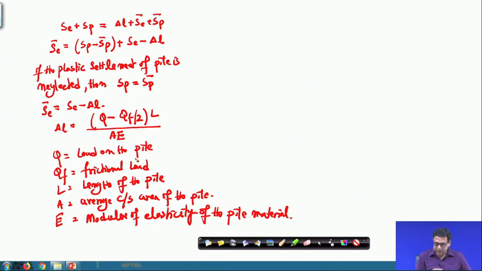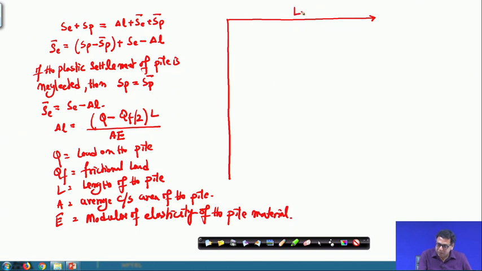Now, the next stage: I will take a new curve. Here it will be the load on pile top, and here it is S E bar, remember that this is AC bar.